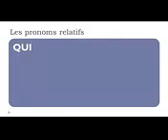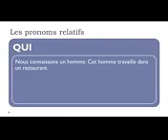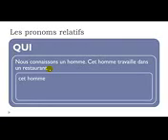So qui. If we take the first sentence, nous connaissons un homme. Connaître is to know. Nous connaissons un homme. And then we've got the second sentence, cet homme travaille dans un restaurant. So it's totally possible to have these two sentences like that. But if you look carefully, we repeat cet homme or un homme.